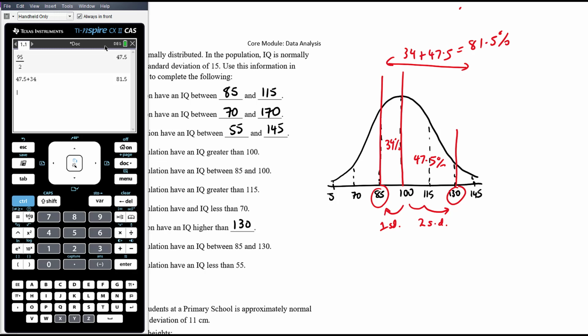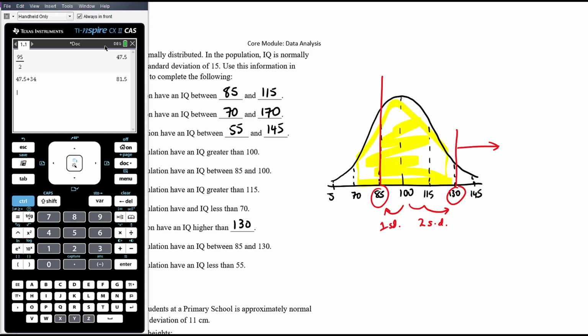The other way you can do that, rather than think about halving 68% and halving 95%, is to do what we did for some of the examples above. We know within 2 standard deviations of the mean it's 95%, which leaves 5% outside, so there's 2.5% up here, above 130.